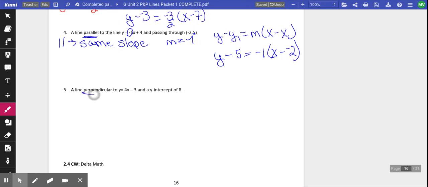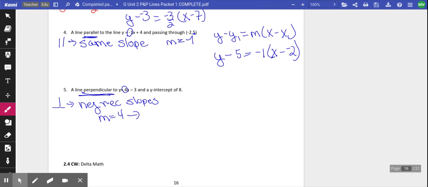Number 5, they want a perpendicular line. So we need to remember that perpendicular lines have negative reciprocal slopes. So the first thing is to remember that my slope is the number in front of x when it's y equals. So the slope here is 4.